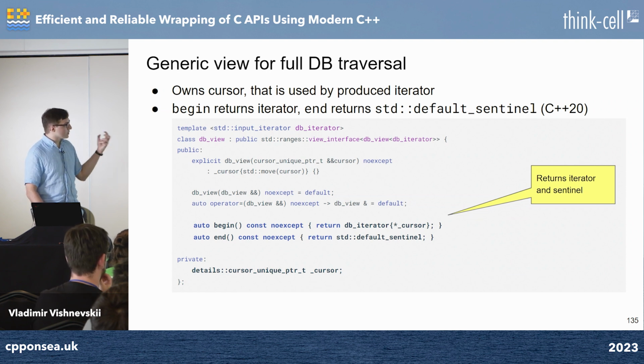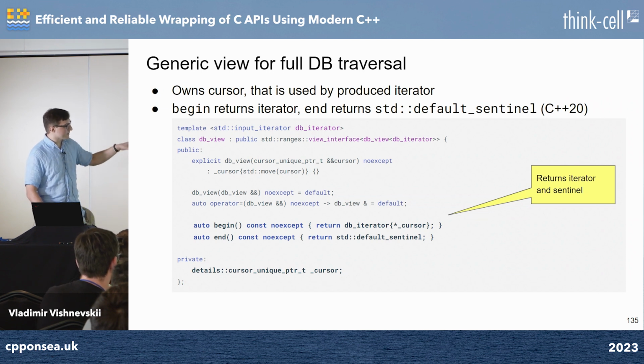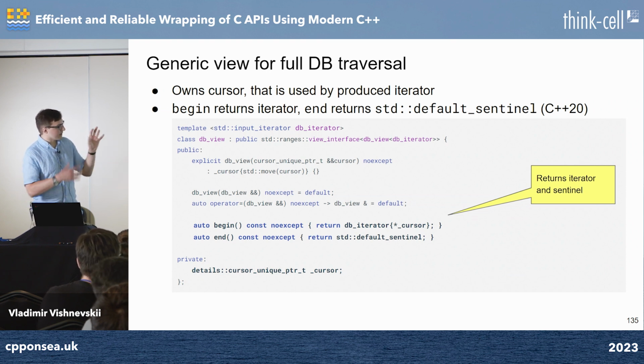When we return this view, the cursor will be owned by the view and passed as a reference to our iterator. By the way, here the exceptions are probably even more required. It is really challenging to handle this without exceptions if there are errors within the iterator, because if we use the ranges operator and create the view and pass it right into the function, this can be challenging and limiting to some extent. So this is how we are doing this.